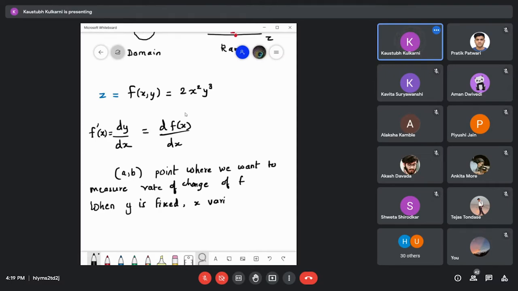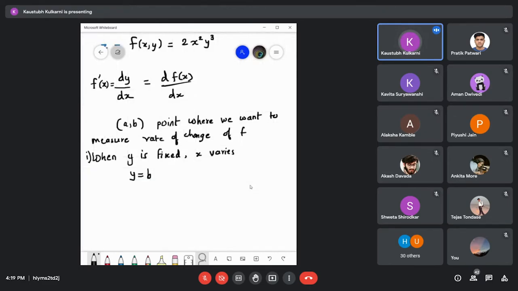This is case number one. Y is fixed, x varies, we are at the point (a, b), therefore y will always remain b. If you have any question, any doubts at any point, you can interrupt and ask.